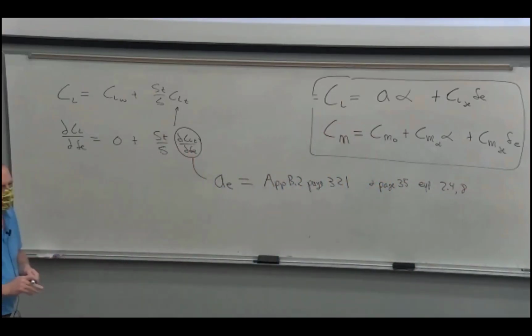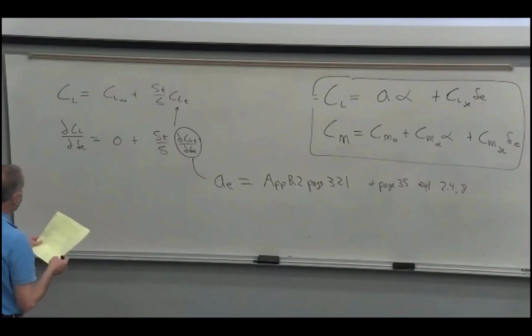Other than taking wind tunnel data that's condensed into those tables, we don't have a good way to predict the lift of the elevator, any more than we know how much lift versus angle of attack comes from an airfoil, right? To get the airfoil lift, we have to go to the airfoil tables in the book and calculate the lift curve slope and all of that stuff. So fundamentally, it all goes back to when they tested these kinds of wings and airfoils and the effects that they have on them.